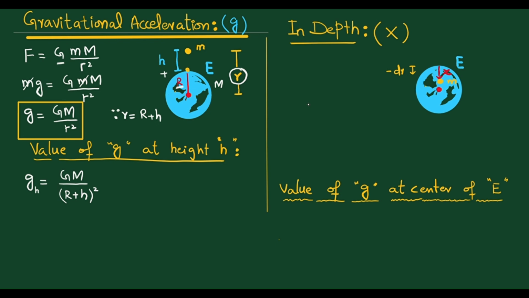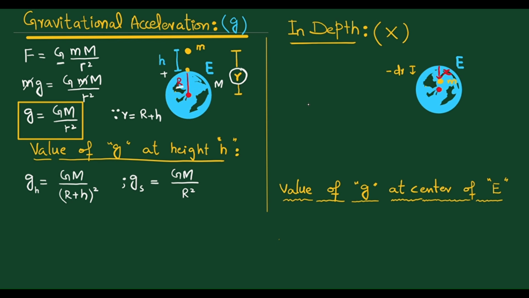And if we are interested in finding the value of g at the surface of earth, then the gravitational acceleration small g will be equal to capital G, capital M, the mass of the earth, divided by capital R squared, which is the radius of the earth.